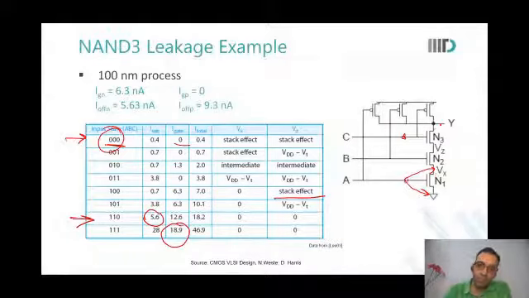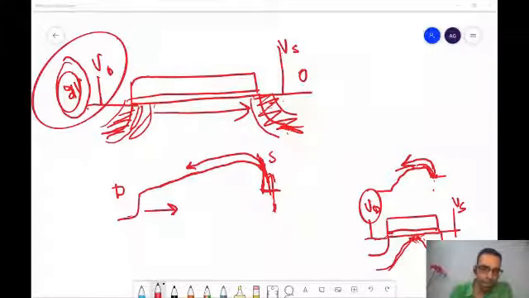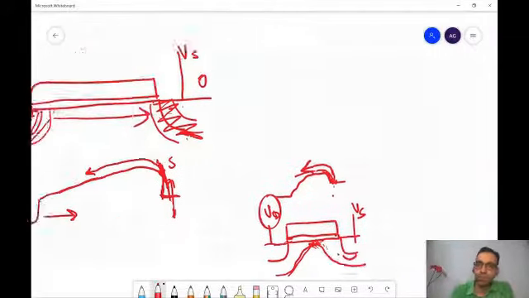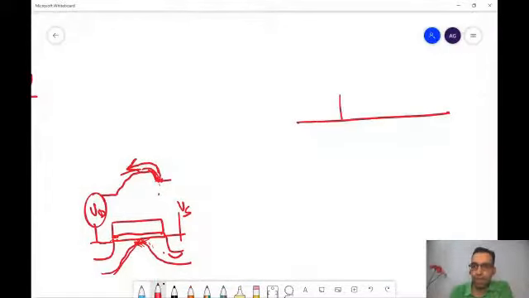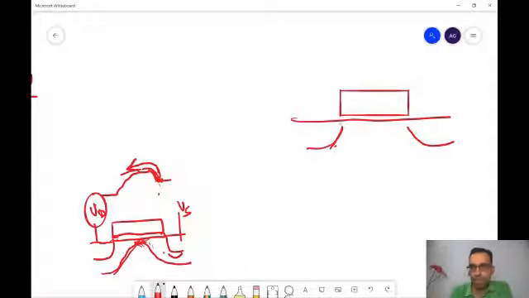That is what I just explained: if there is a voltage at the gate and there is a voltage on the source or drain, and the voltage over here is very different from the voltage over here, then there will be direct leakage from gate to drain and source.